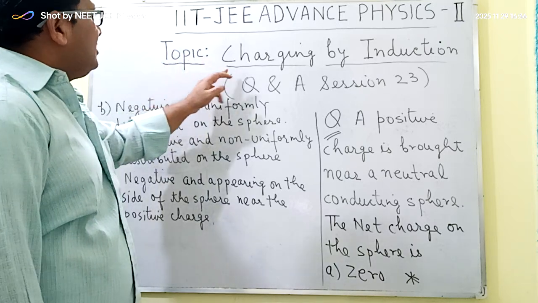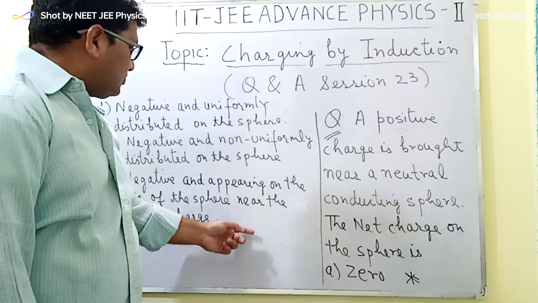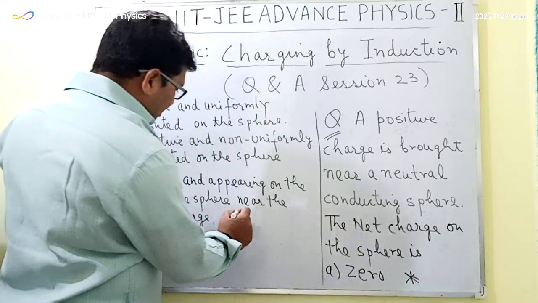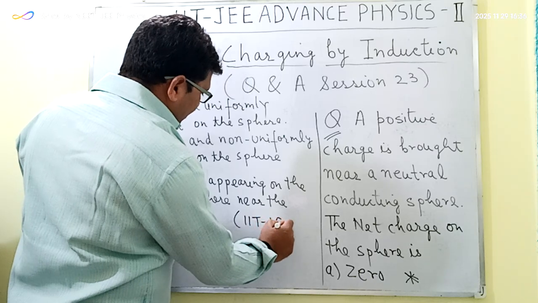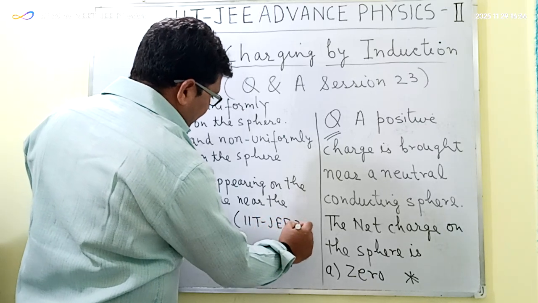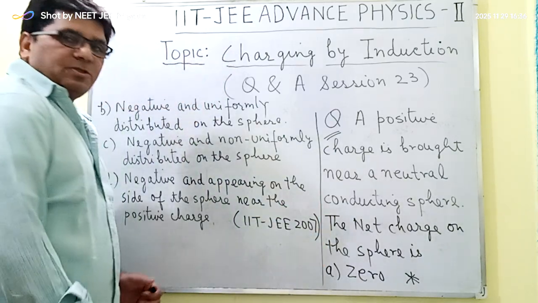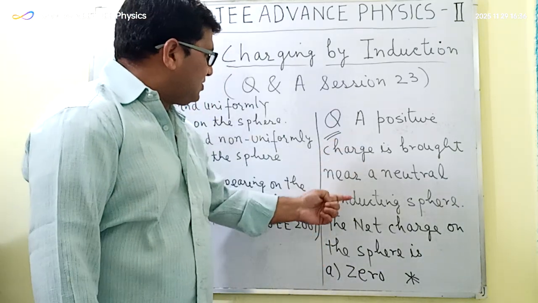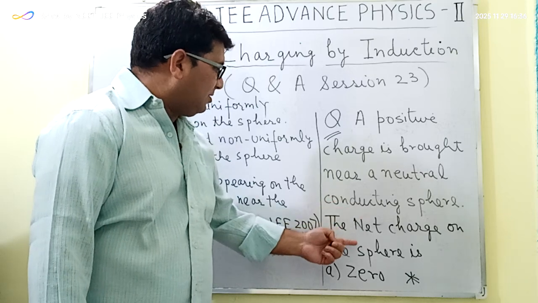The topic is charging by induction, and based on this topic I have one question for this session, which was asked in the IIT JEE exam in the year 2007. The question is: a positive charge is brought near a neutral conducting sphere.